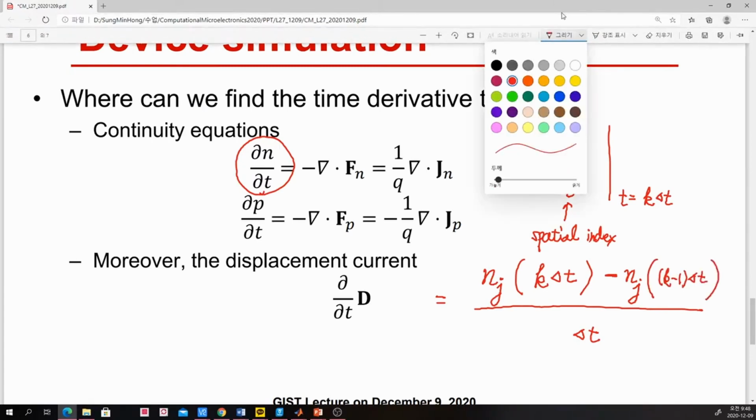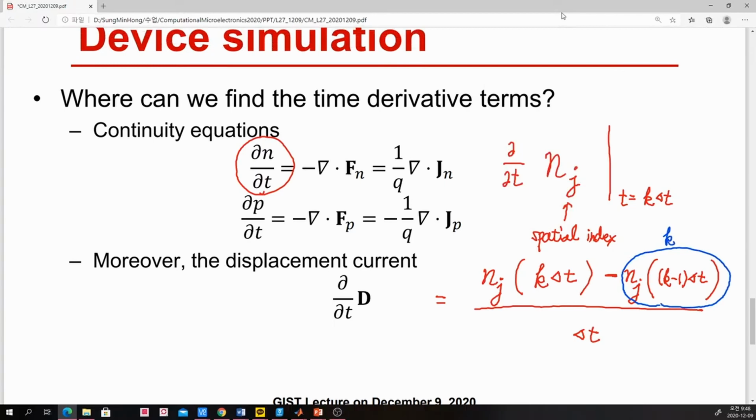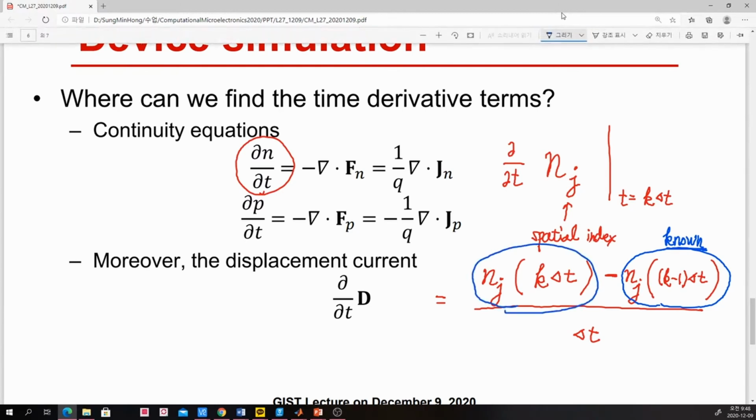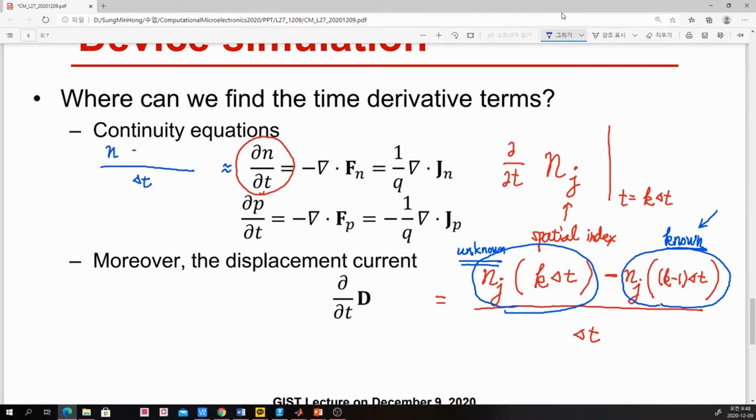And as I told you before, this is once again an already known value. You know it and you don't know it. This is unknown, so please think that you have to solve for this quantity, and this is given. So now your continuity equation can be modified as n minus n past value over delta t.